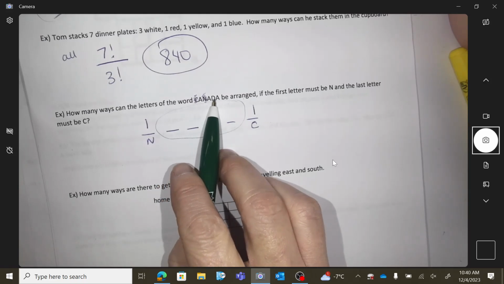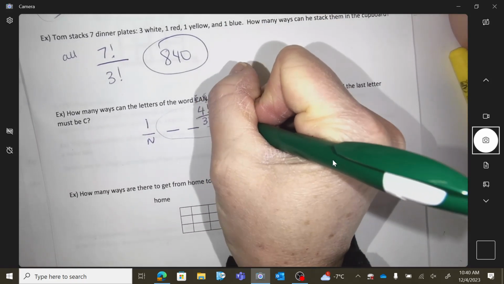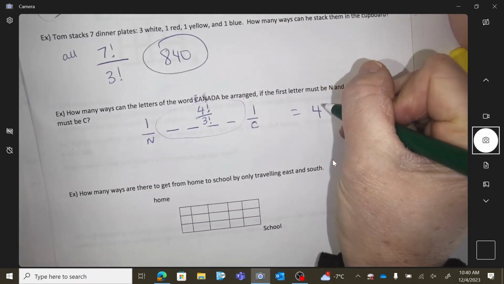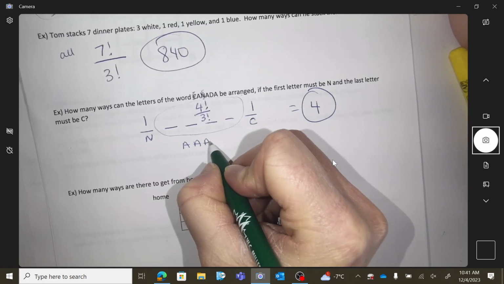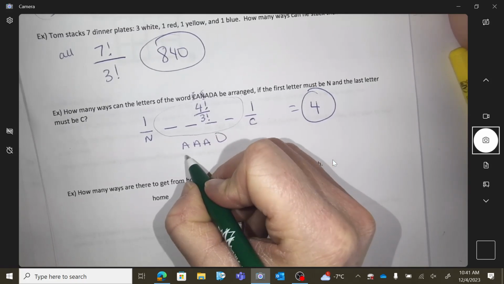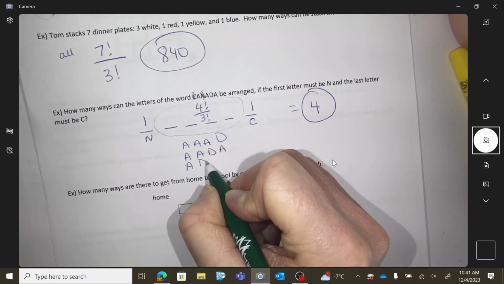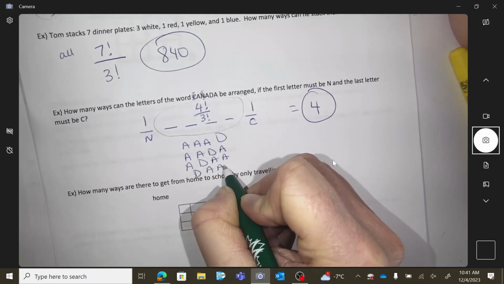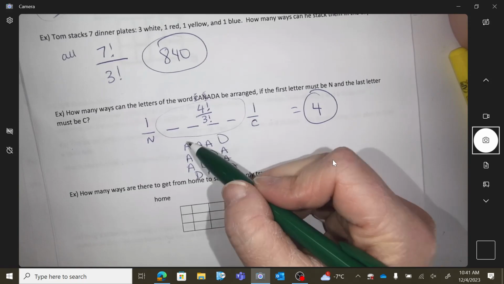I have 1, 2, 3, 4 letters to put anywhere. But 3 of those letters are A's. Right? Because I could go A, D, A, D, A. Do you see all my 4 options? That's only 4 options, right? Because it doesn't matter to your brain if I move those A's around.